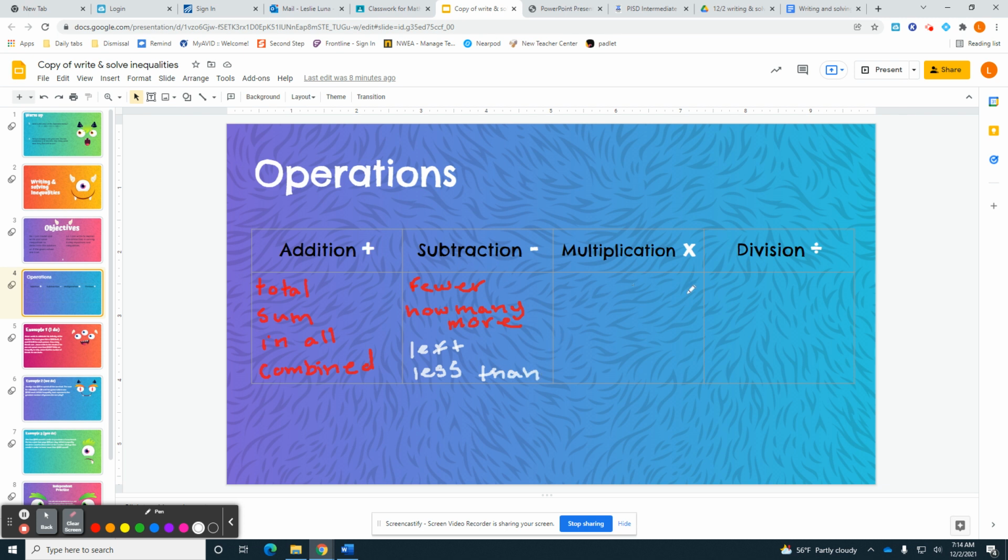Then for multiplication, some of those might be each, rate, product, area of. Okay.